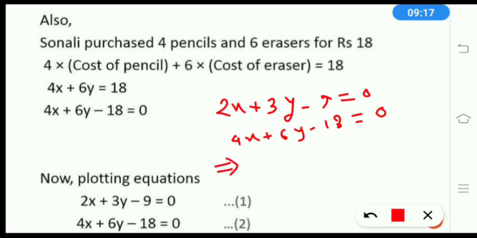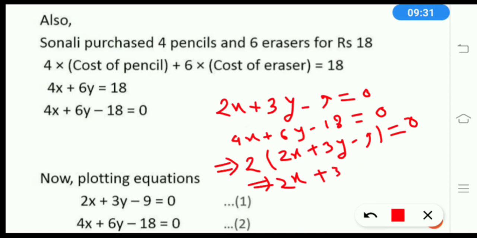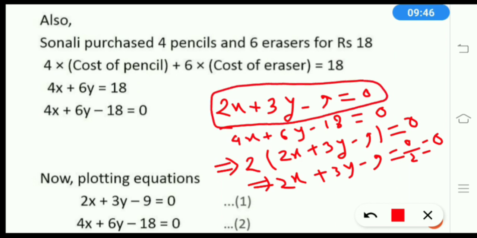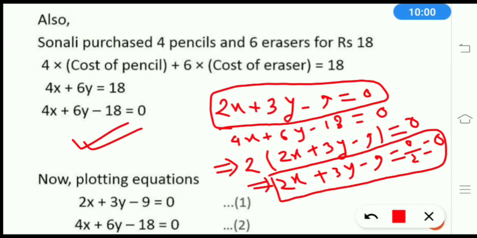From the second one if we take 2 common, that means this is 2x plus 3y minus 9 equal to 0 divided by 2, so equal to 0. So this is 2x plus 3y minus 9 equals 0, the first one, and the second one is also 2x plus 3y minus 9 equal to 0. So both the linear equations are coincident. Clear?